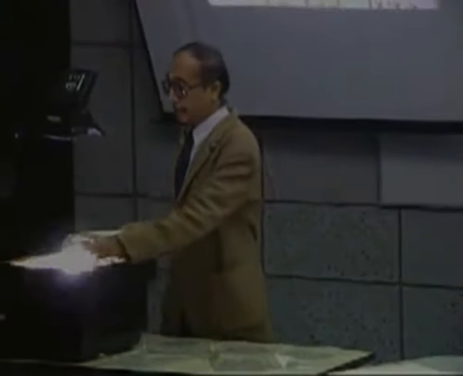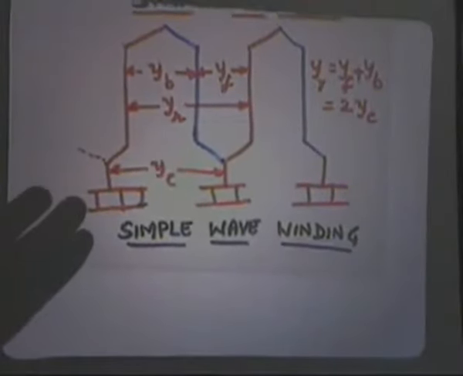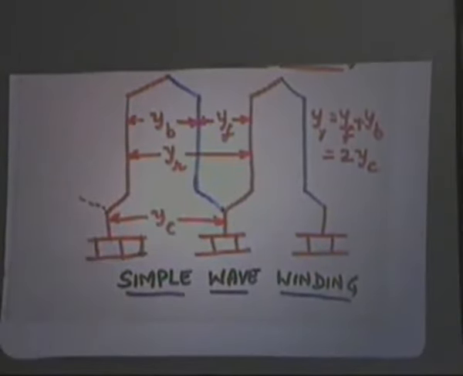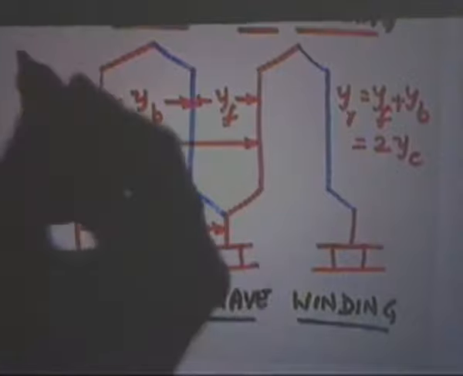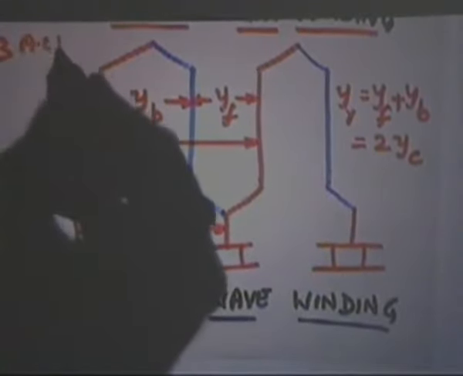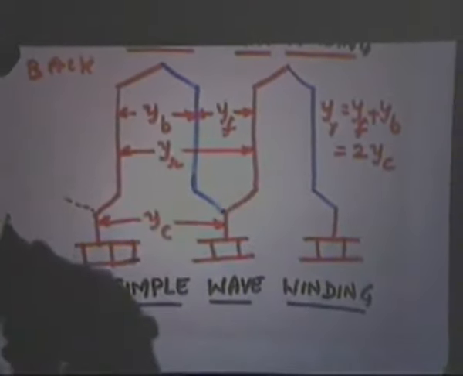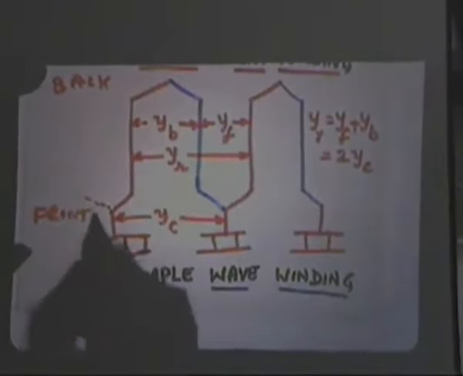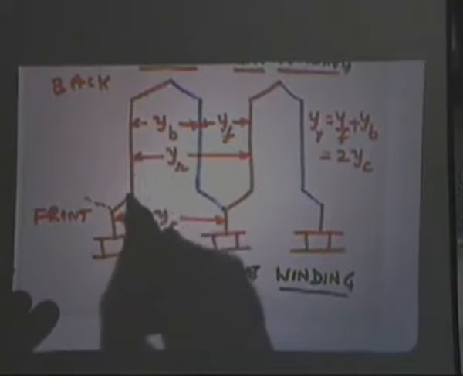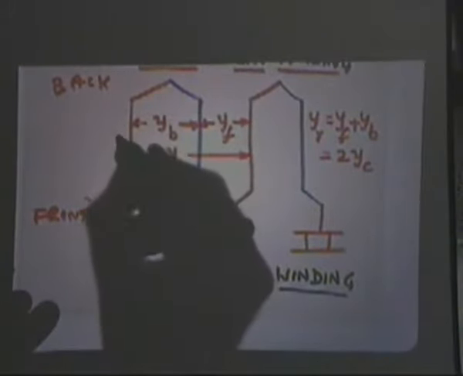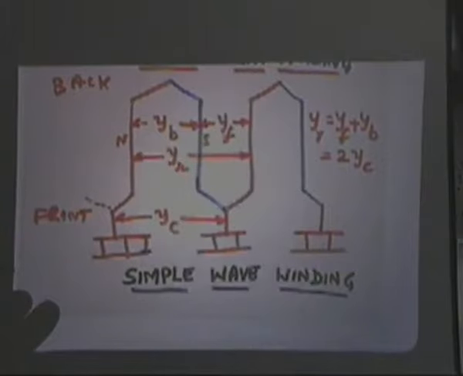Now, let us see the second winding called the wave winding. This looks like this. This is a simple wave winding. In this wave winding, again you have the back side here and the front side or the commutator side here. The difference here is you will have a coil which goes from a north pole and returns in, say, a south pole.